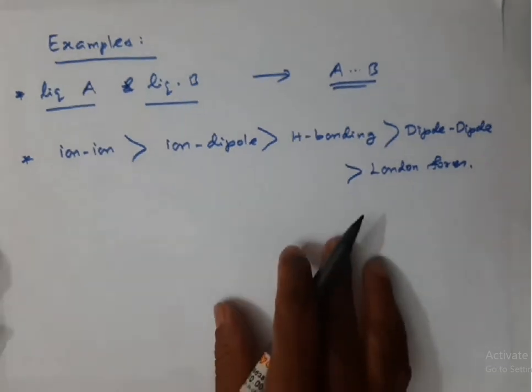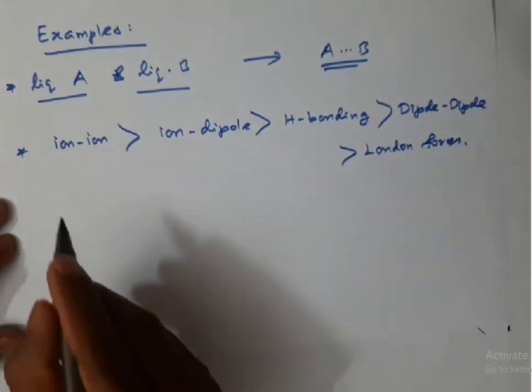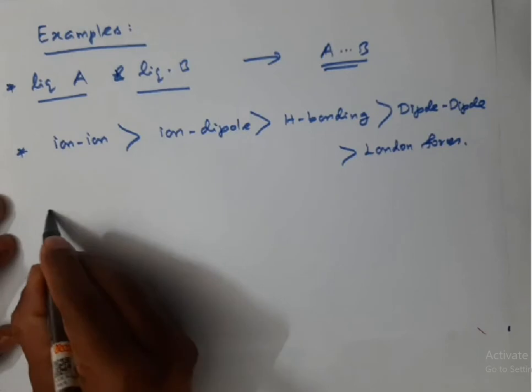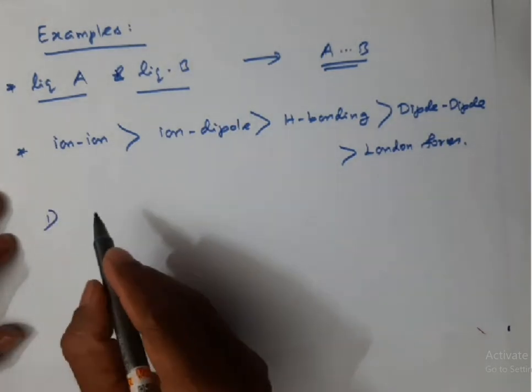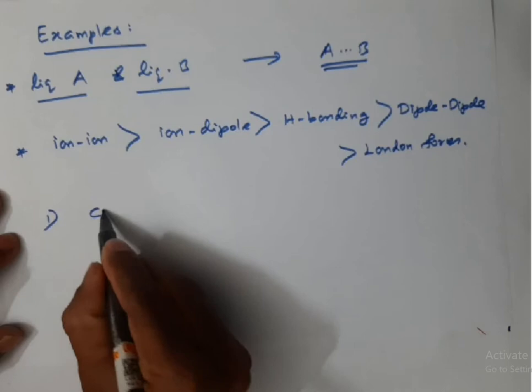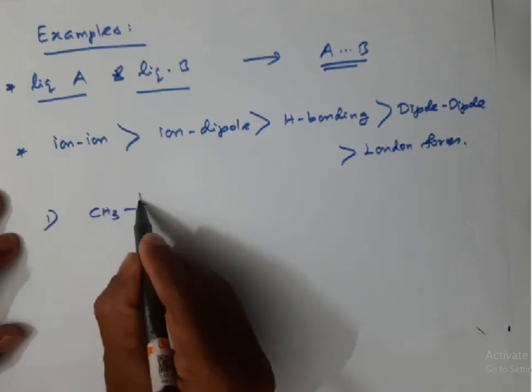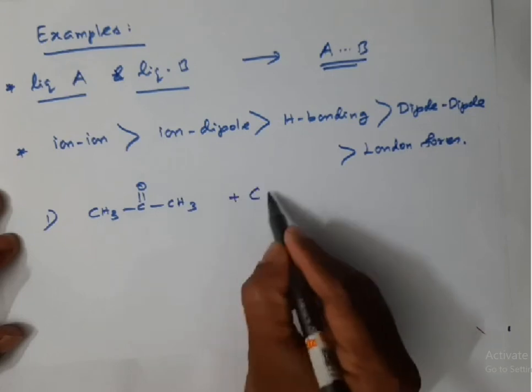Now listen, I'll give you some examples so that you can easily understand what I'm trying to say. Example number 1. Suppose I'll give you two liquids like this. Say one is acetone, and another one is carbon disulfide.